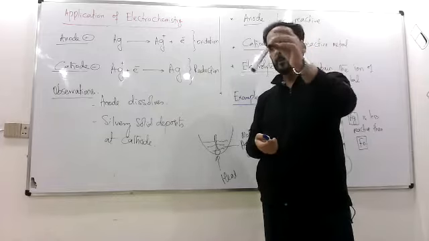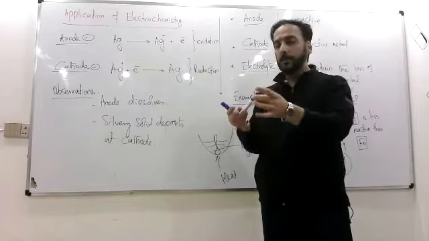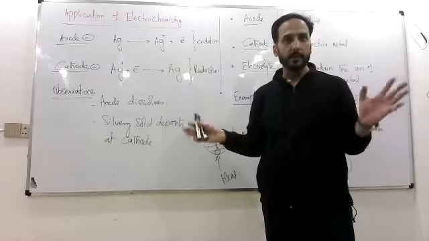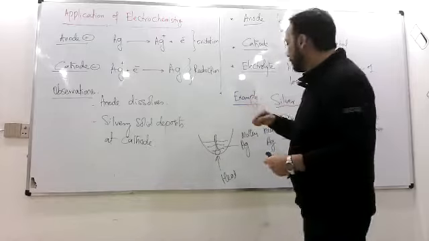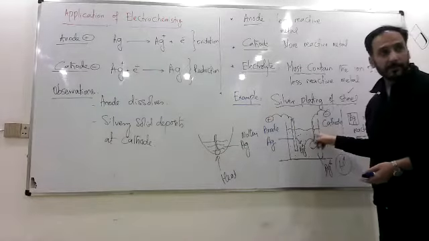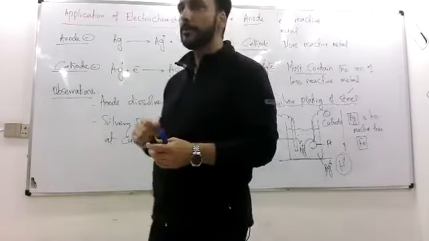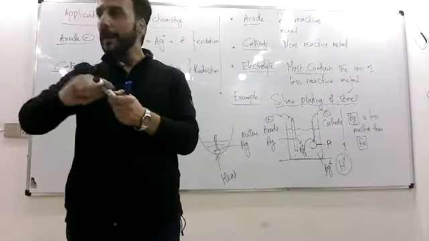If I throw that spoon on the floor, the pieces of silver will shed off from the spoon, उतर जाएंगे, scale off हो जाएंगे, right? But once you electroplate your spoon with silver, no matter what you do, the silver won't go down, उतरेगा नहीं, even if you scratch it.